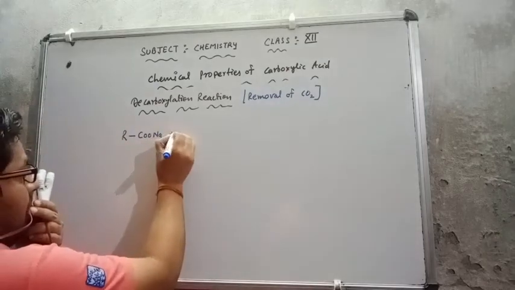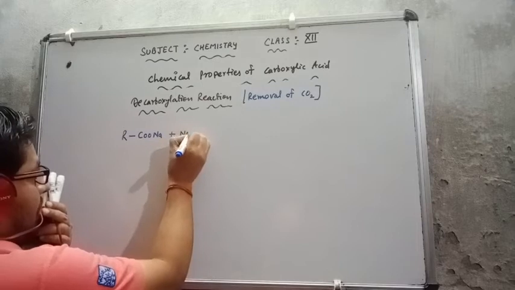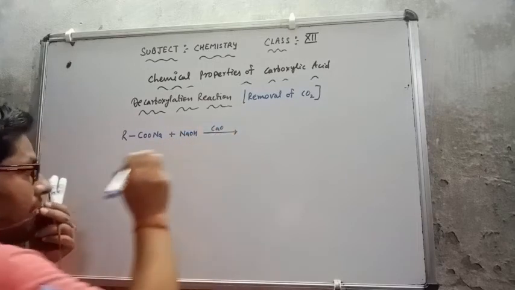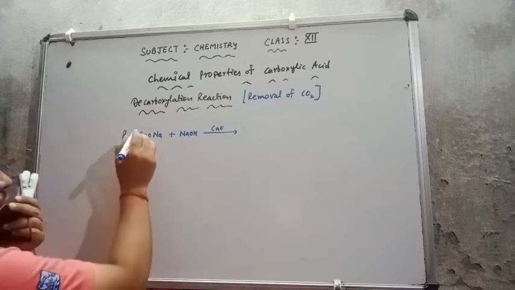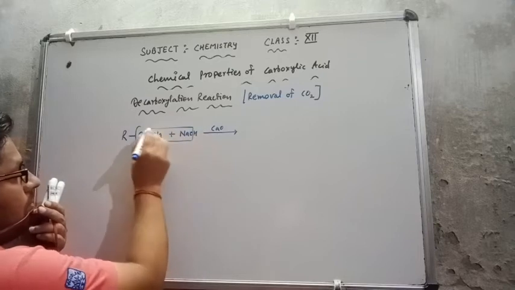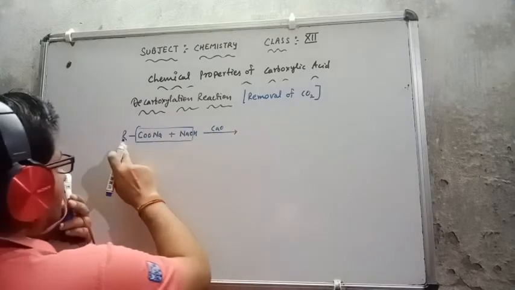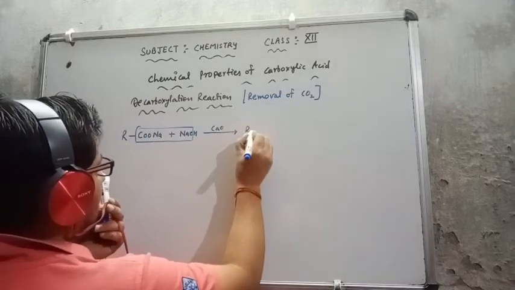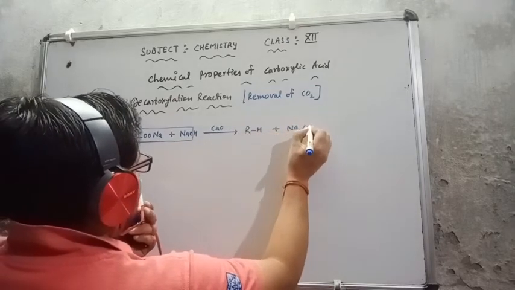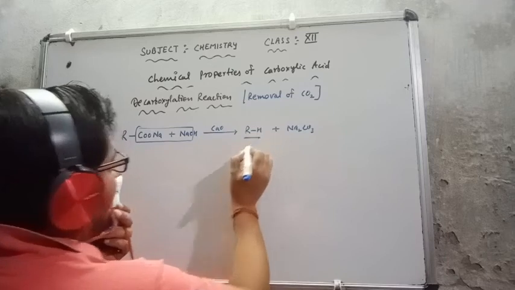Here NaOH takes part in the reaction and CaO is used as a catalyst. Then Na2CO3 will be released, and what is left is R single bond H, plus Na2CO3. So this is an alkane.